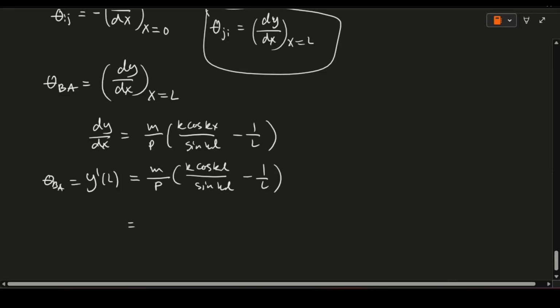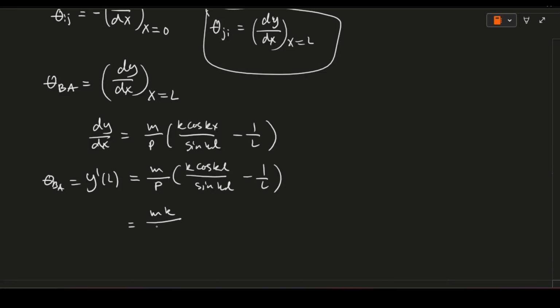I want to factor out the k, so we get Mk over P. Well, we know that k squared is equal to P over EI, so P becomes k squared EI.